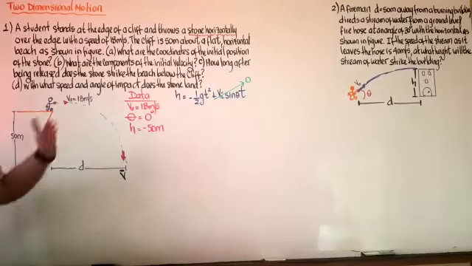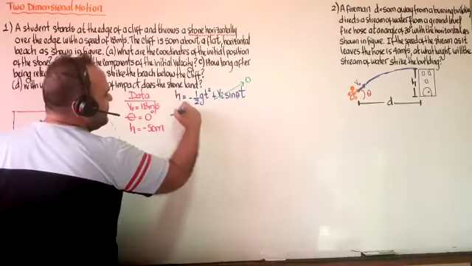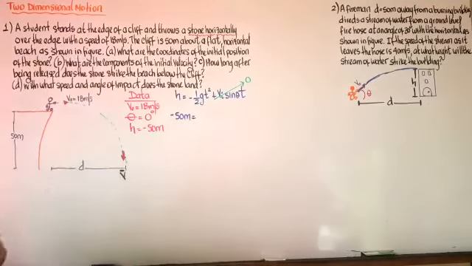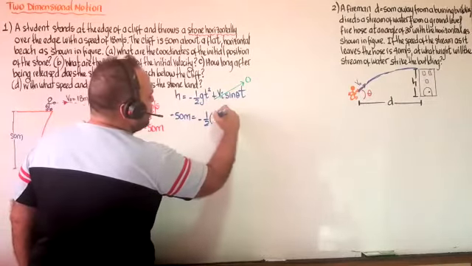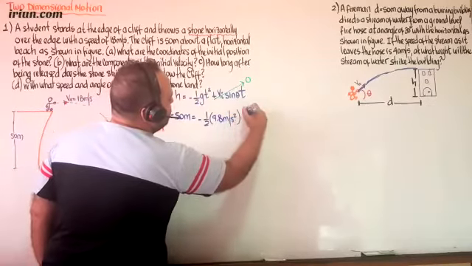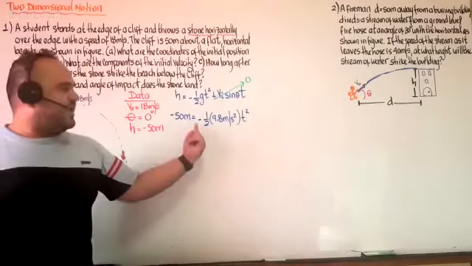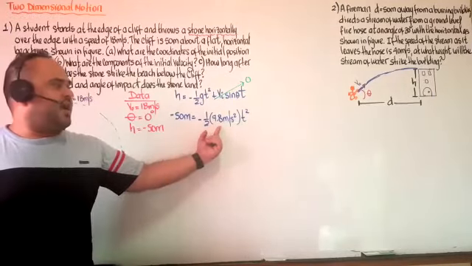So what we're going to do is replace the height with negative 50 meters. Remember, because the stone is falling down, that will be given by negative 1/2 times gravity, 9.8 meters per second squared, times t at the second power. Negative 1/2 times 9.8 is negative 4.9.